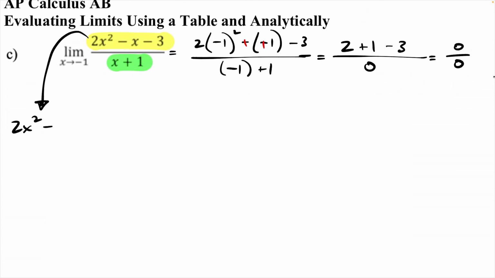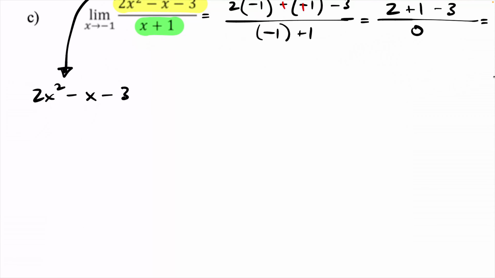2x squared minus x minus 3. So it's got 3 pieces to it. It's got an a, a b, and a c. Those are the numbers in front of each one. What is a? 2. What is b? Negative 1, and c is negative 3.